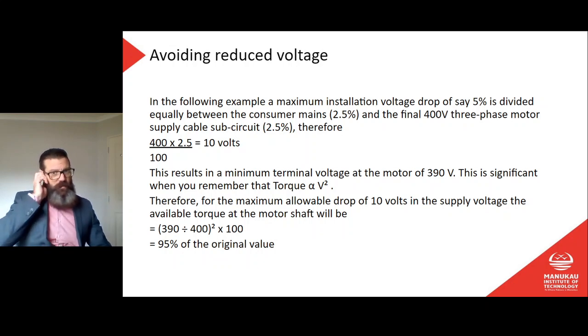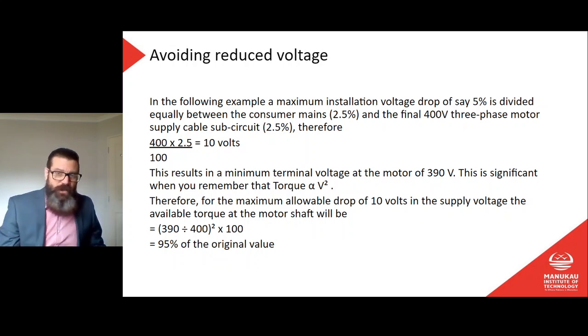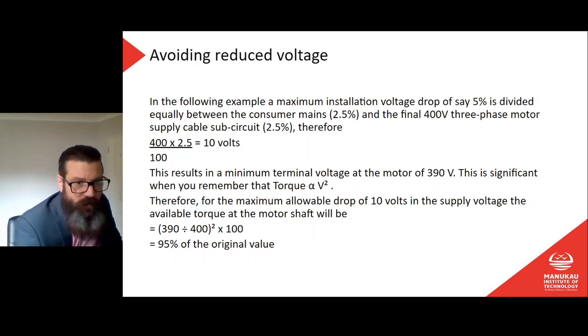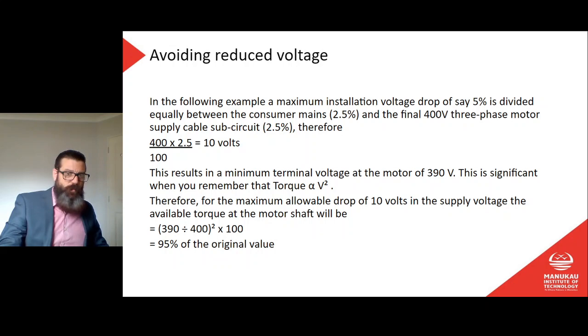This results in a minimum terminal voltage at the motor of 390 volts. This is significant when you remember that torque is proportional to the square of the voltage. Therefore, for the maximum allowable drop of 10 volts in the supply voltage, the available torque at the motor shaft will be (390/400)² times, about 95% of the original value.